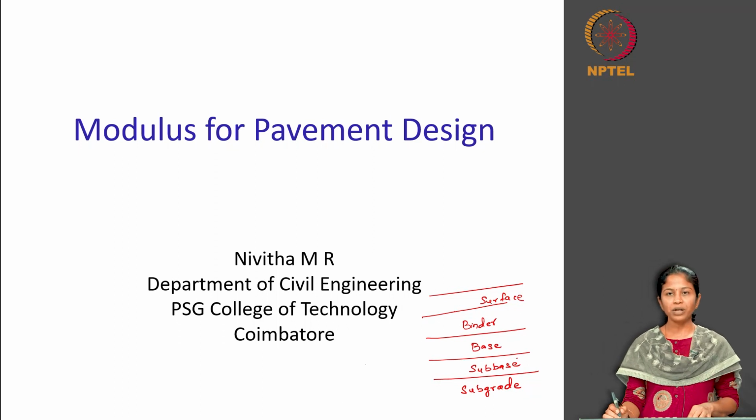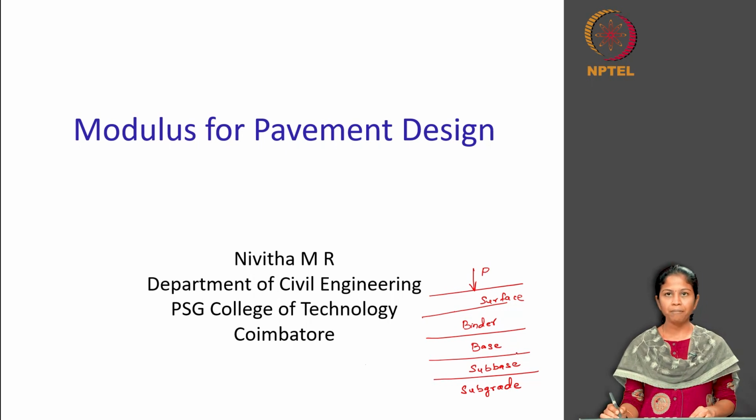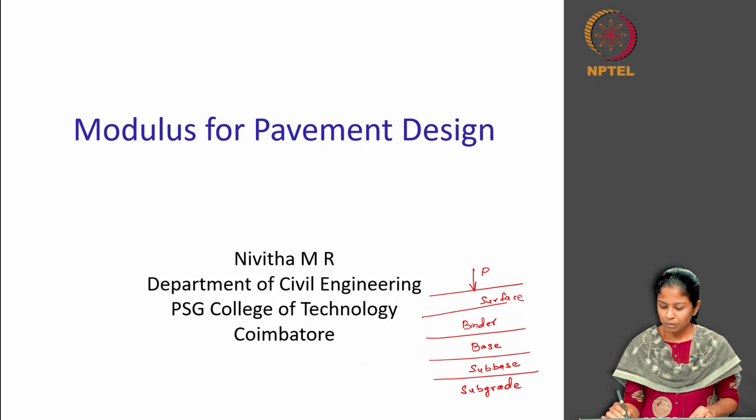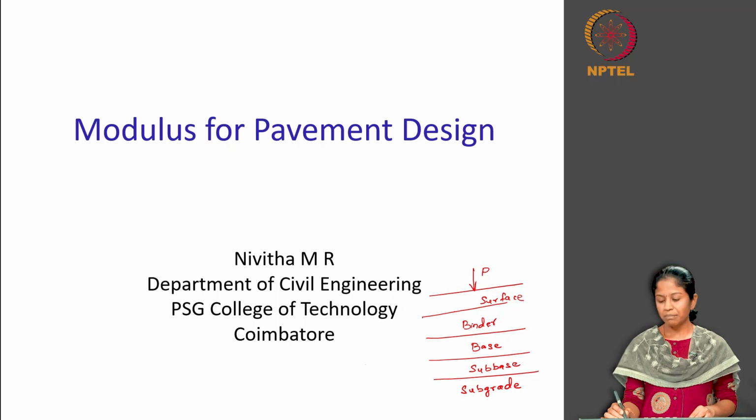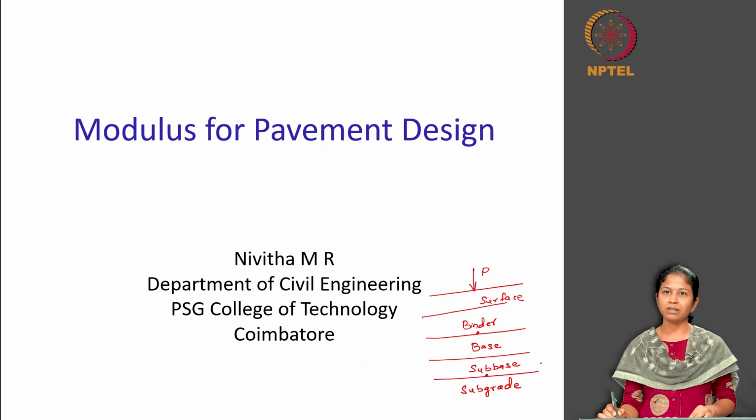So far what you have learnt is that I apply a load, let us call this load P, and we are going to measure strains at some critical locations for the sake of pavement design. Let us say that as per IRC, I am interested in measuring strains at the bottom of the binder course and at the top of the subgrade. The horizontal tensile strain at the bottom of the binder course and the vertical compressive strain at the top of the subgrade.